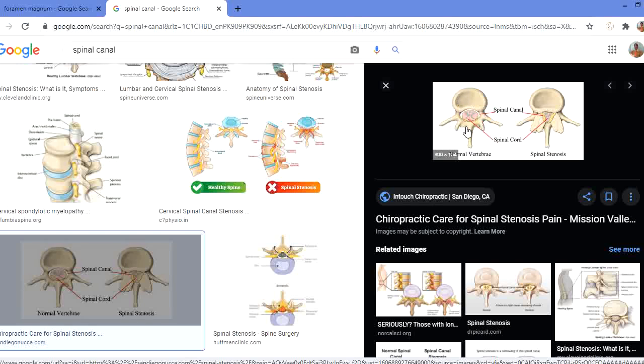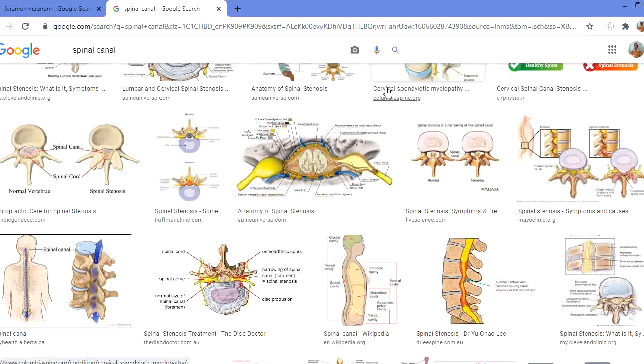This is one of the vertebrae, and inside each vertebra there is a hole, and that hole is called the spinal canal. So the spinal cord is there in this spinal canal.